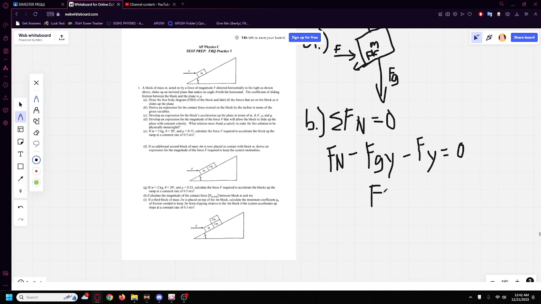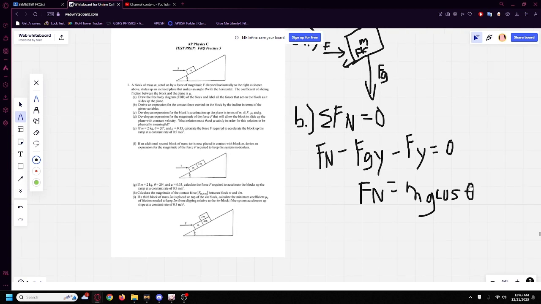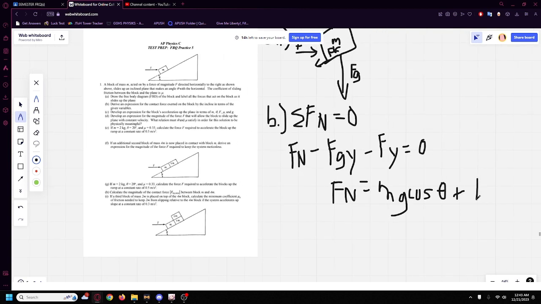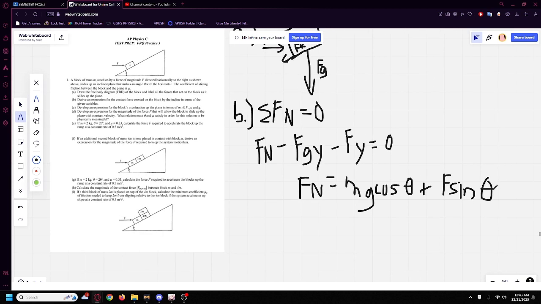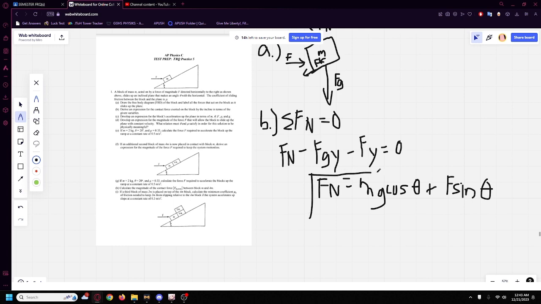F_N is equal to, you add both of these and they break up into mg cosine theta plus F sine theta. And that's F_N.